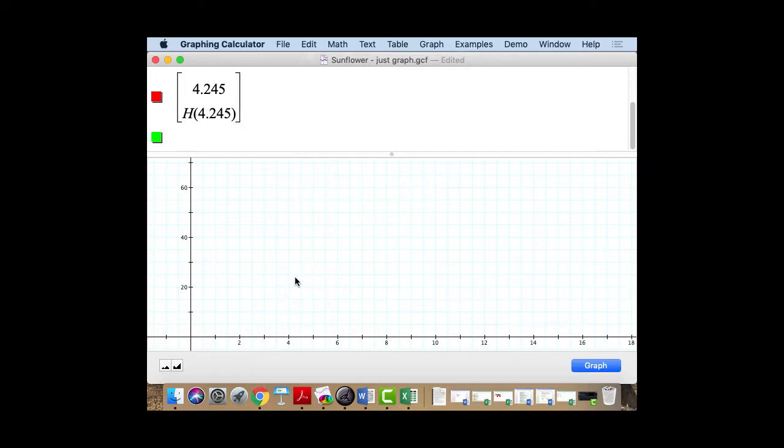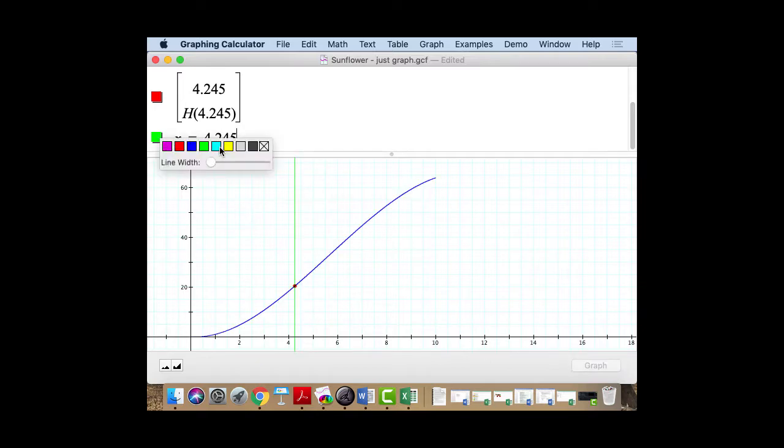So the equation of that particular vertical line would be what? Yep. X equals 4.245. Now, I'm going to change the color so it's visible. There we go. If I just write that, I've got the full line.